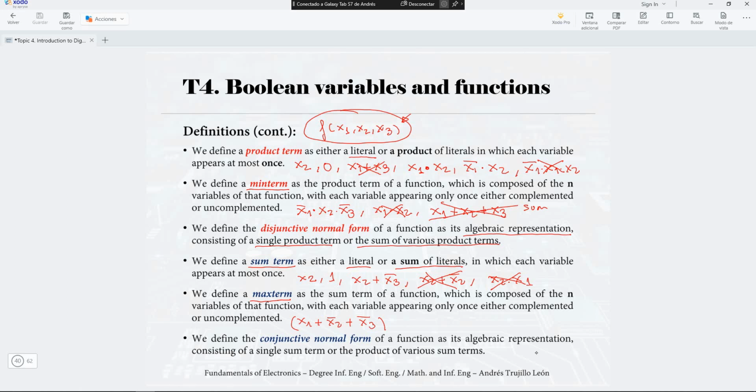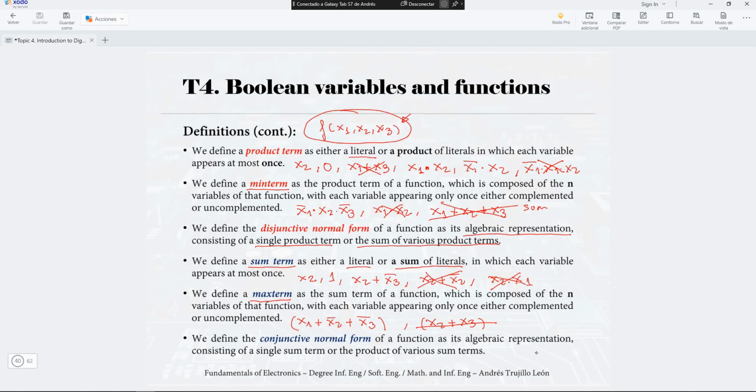Yes, because it's a sum term in which all the variables of the function appear. And this? No, because x1 is not in the sum. So this is not a max term.